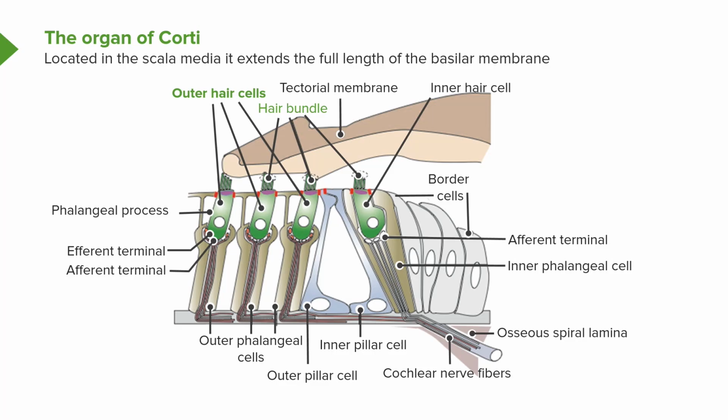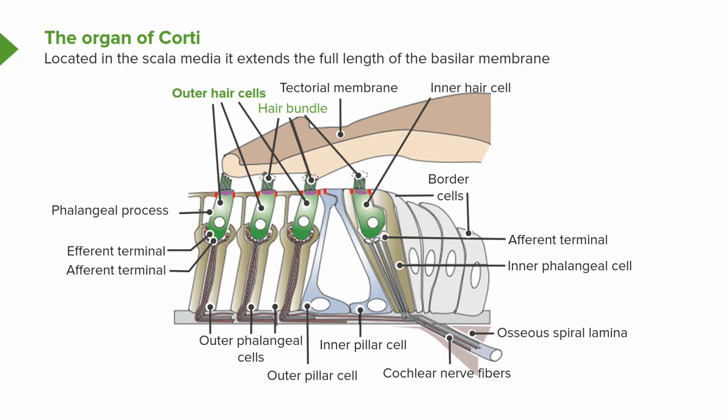Have a look at the hair cells, outer hair cells and inner hair cells. I'm not going to separate between each of those. The hair cells are strongly, again, supported by different supporting cells, the outer and the inner phalangeal cells. They wrap around the base of the cells and they send a process up to link across near the apex of the hair cells where the stereocilia are.